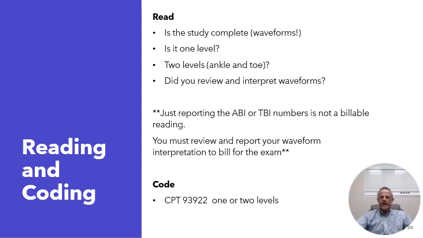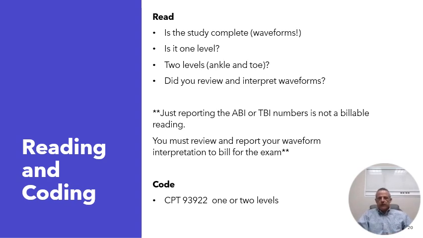All right, reading and coding. So when we get a SMART ABI and you get a report handed to you, take a look at that and make sure that the study is complete, i.e., there are waveforms at all the levels that we expect, and that those waveforms are graphs that you can actually read, i.e., they're not so distorted that there's no useful information there.